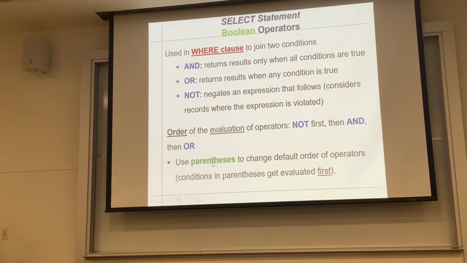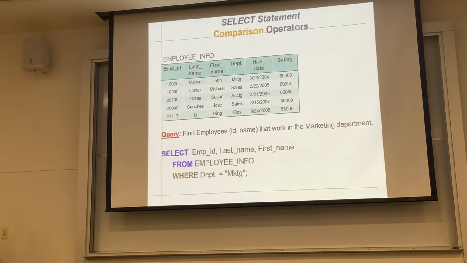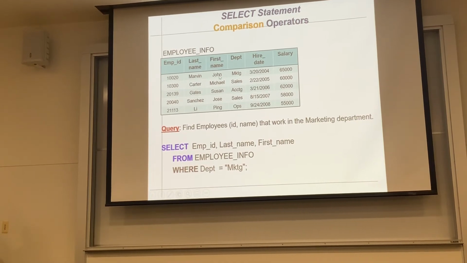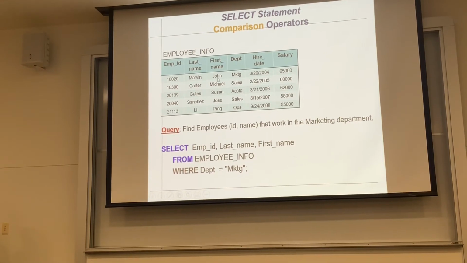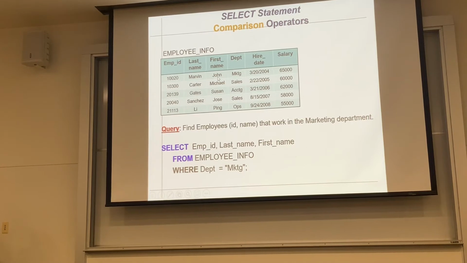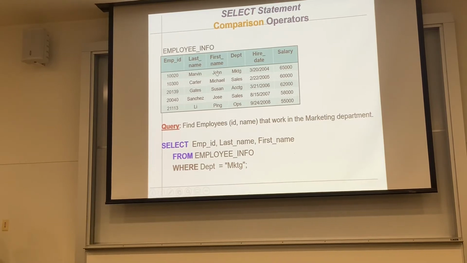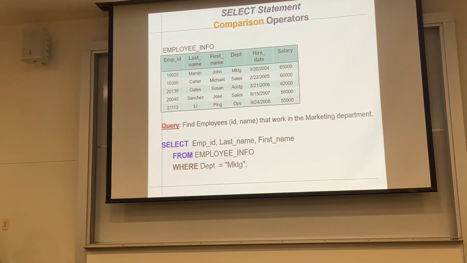Order of operations goes in here. It can get a little complicated, but in SQL you have the ability to do a LIKE statement. So if I don't want to know specifically John, I could say the first letter is like a J, right?